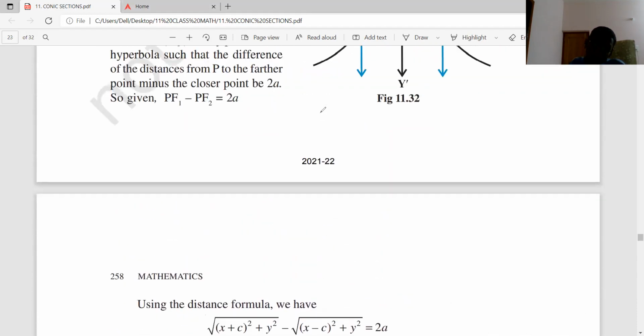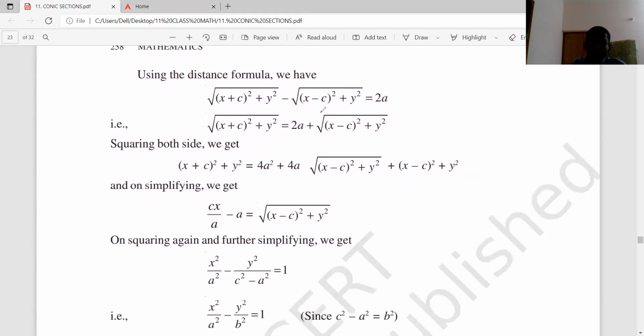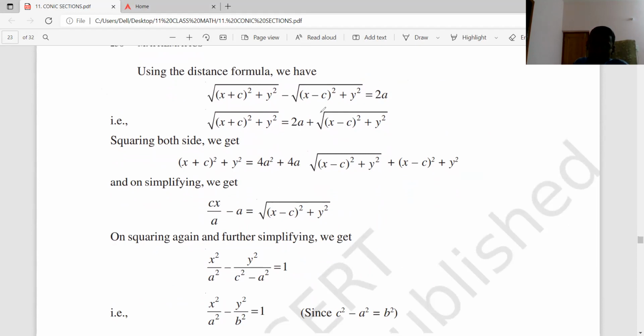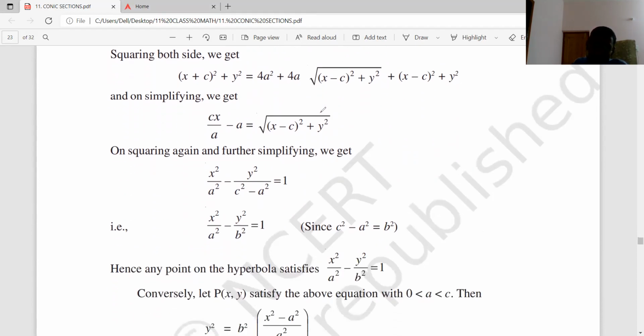Like yesterday, you get C square minus A square. Now I told you C square minus A square is defined as B square. It is already named.